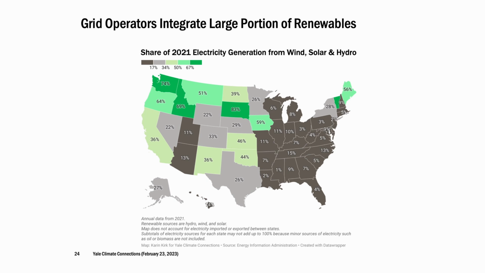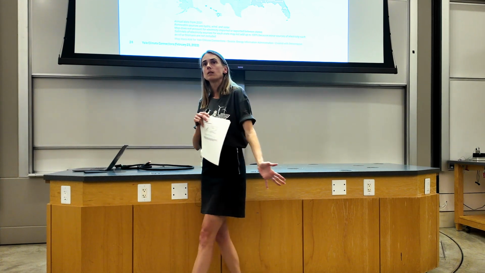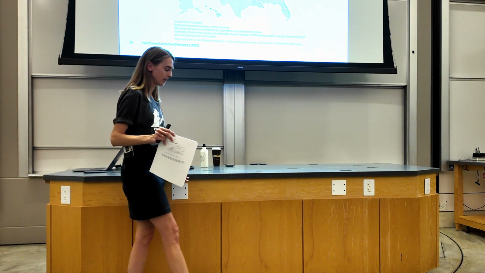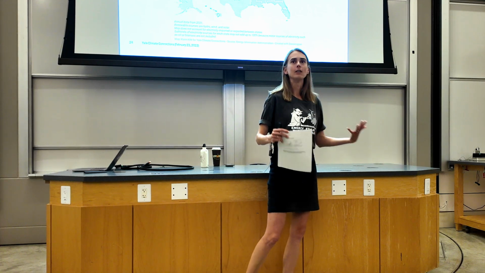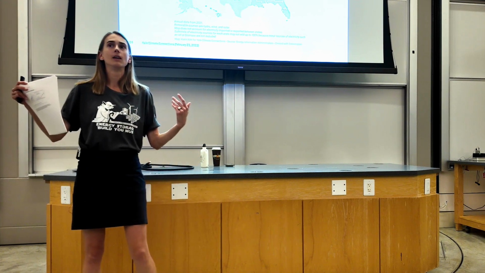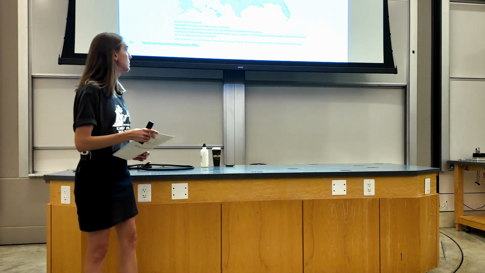As we're seeing growth of renewable energy, we're seeing grid operators increasingly integrate more and more renewable energy on the grid, despite the intermittency challenges that we've talked about with the duck curve. And this is because, as we talked about in the grid lecture, grid operators have a lot of tools at their disposal to continue to integrate more and more renewable energy, everything from flexible generation resources like natural gas and batteries to demand side solutions like demand response and managing EV charging to broader market solutions like regional integration and expanding competitive electricity markets, those RTOs and ISOs.